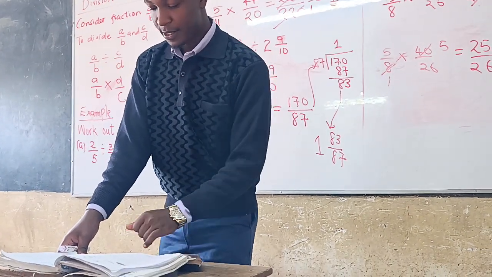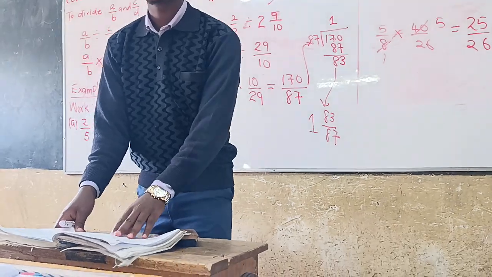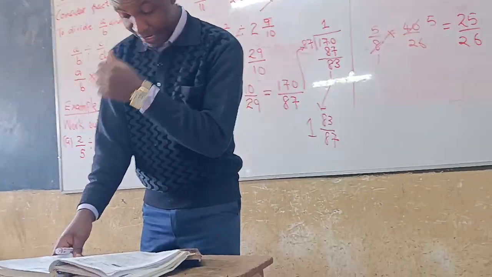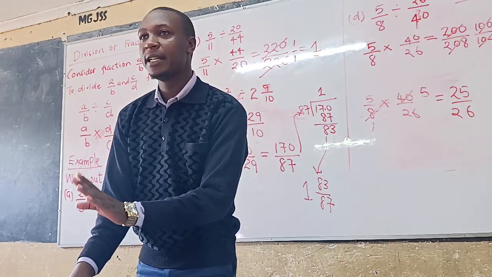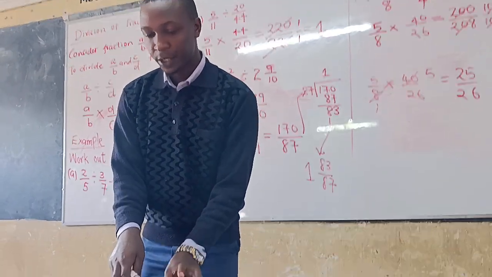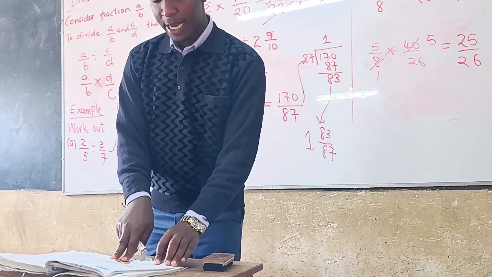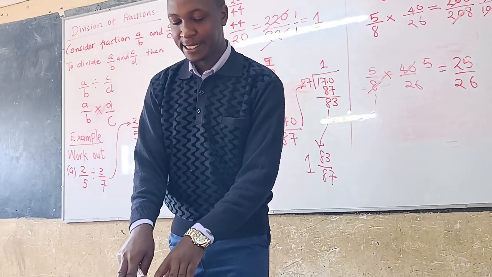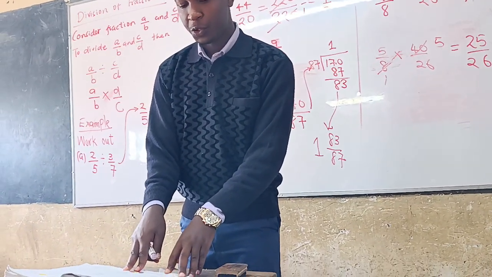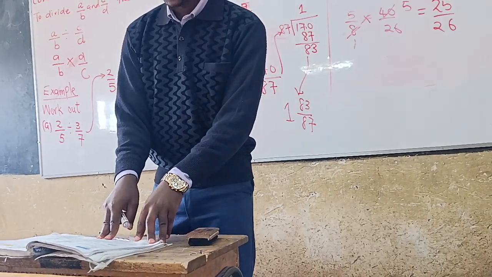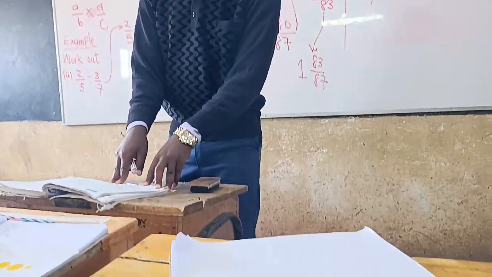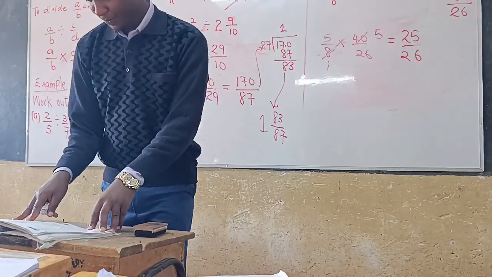So, that is task 5. Page 43, number 1A, 3 and 4. Then task 6 on page 44. We do number 1A, number 3 and 4.